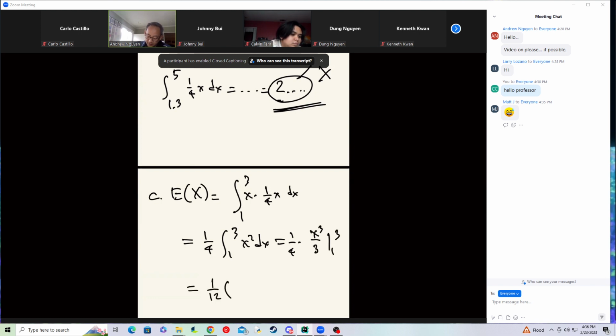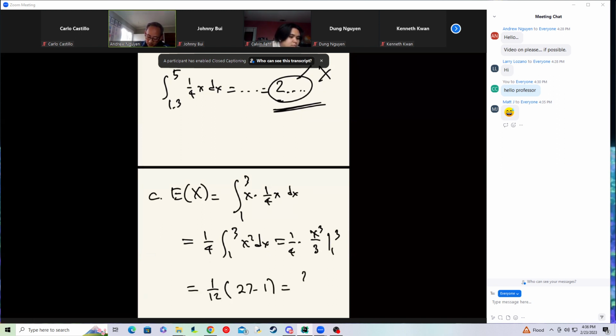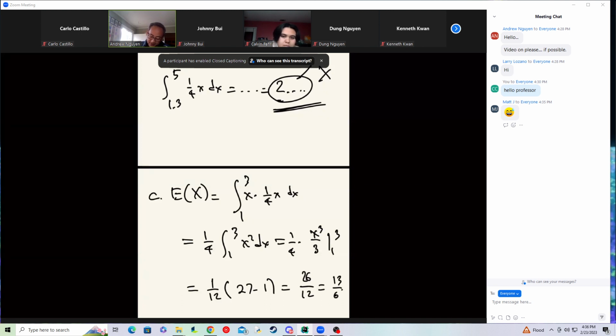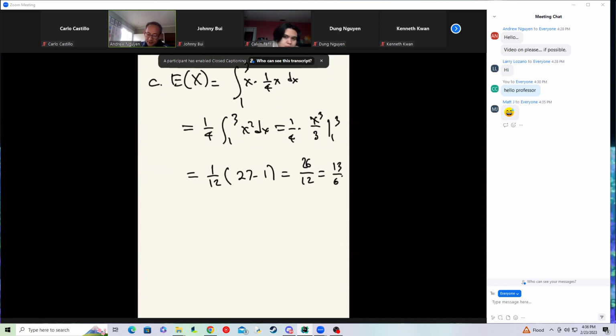So you get 1/12 times (3 cubed, that's 27, minus 1), so 26 over 12, or 13 over 6. Very simple integration, and very similar to what we did in class. You do have to go back to the examples we did in class and practice them to get ready for the quiz and exam questions.